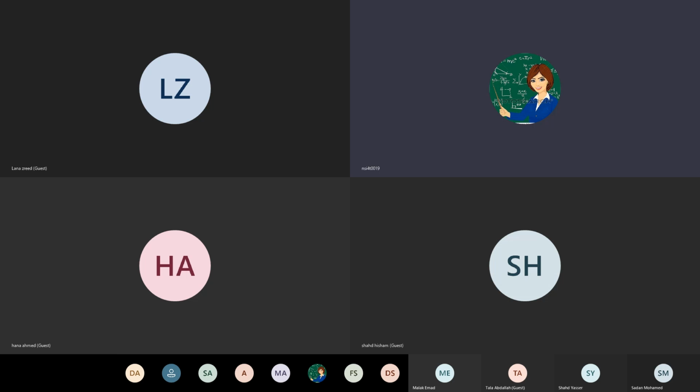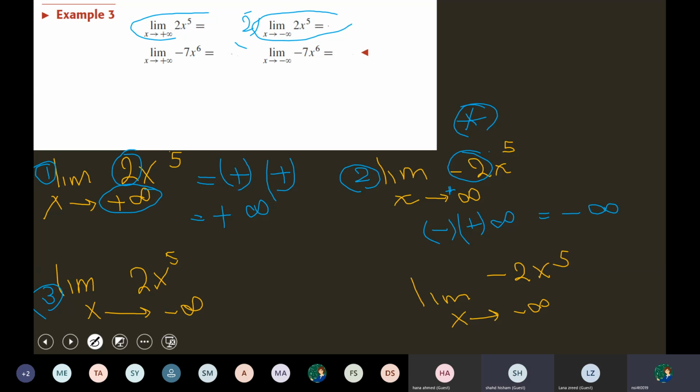Now, limit of 2x raised to the power 5 when x approaches negative infinity. The first step, look at the sign of 2. It is positive. Then here I have limit of x raised to the power 5 when x approaches negative infinity.